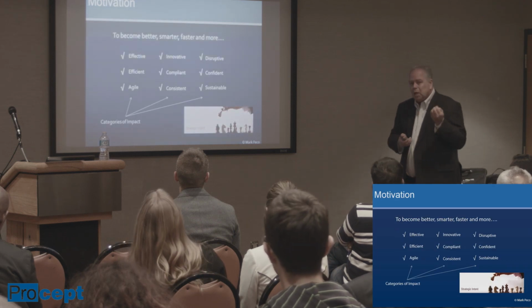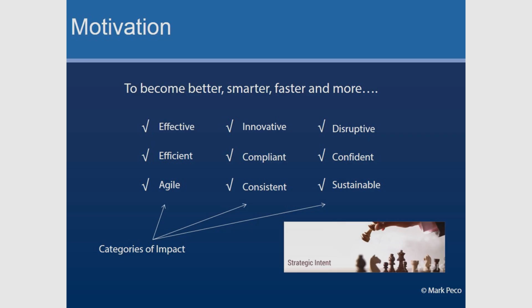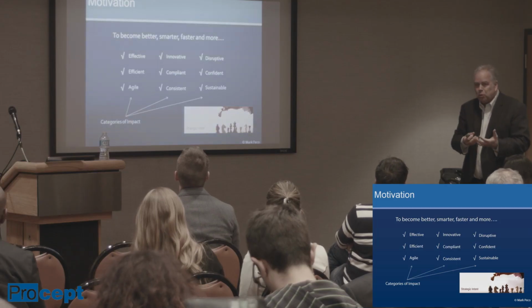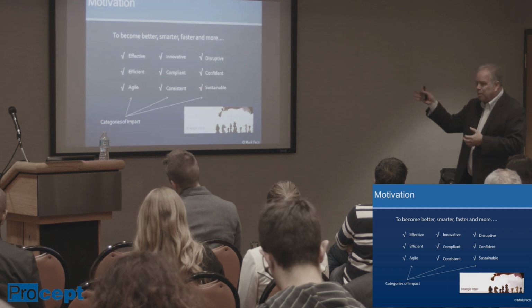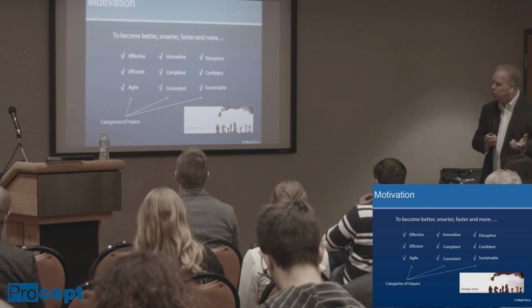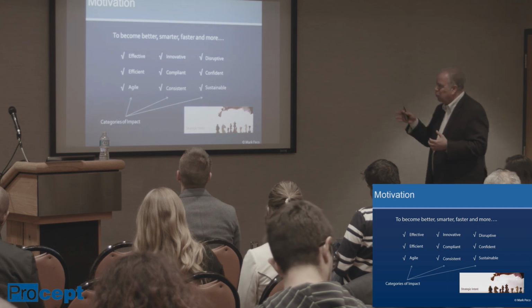Now the question is, why would companies want to do this? Why do they want to invest in activities to make themselves more data-driven? Well, I've listed nine possible things as maybes. Again, they go back to what I just said: maybe to become more effective, more innovative, maybe you want to be disruptive. You want to be more confident in what you're doing, so you're more aggressive because you're more confident. You're maybe more sustainable from a safety or environmental point of view. You're more consistent, you're more agile.